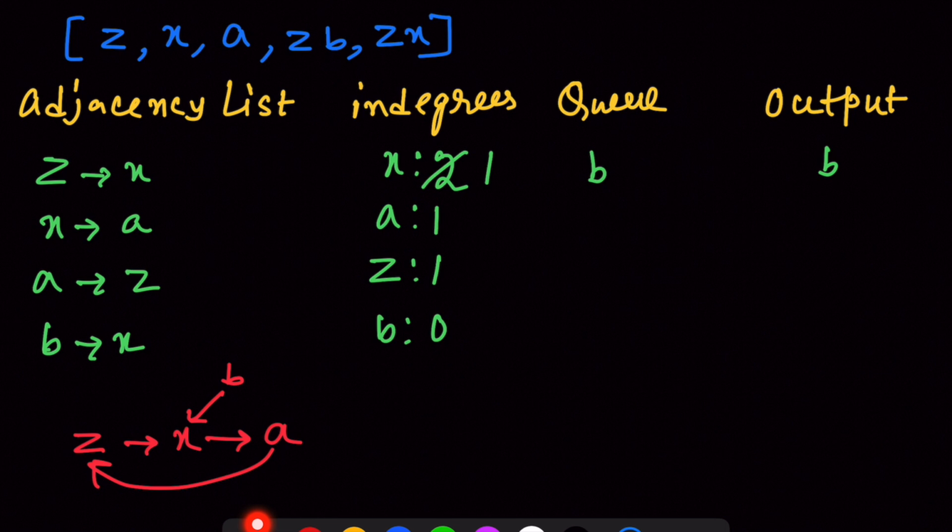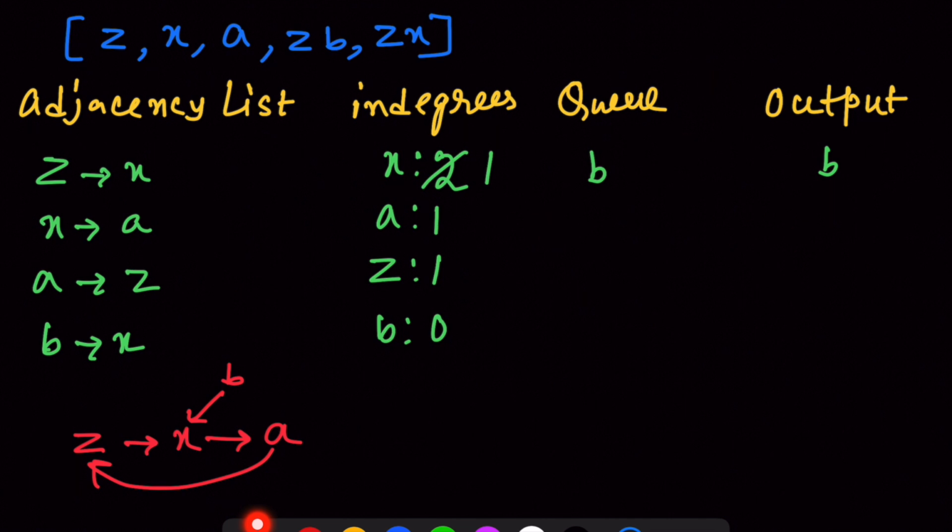Right? So we process B, B is in our output. But you see, these are the left out nodes, left out characters. Is there any in-degree 0 node? No, right? So we cannot put any characters in our queue at this moment. Our algorithm will end here.